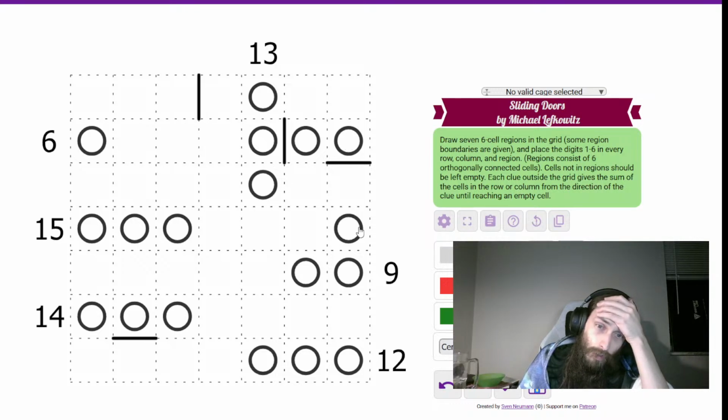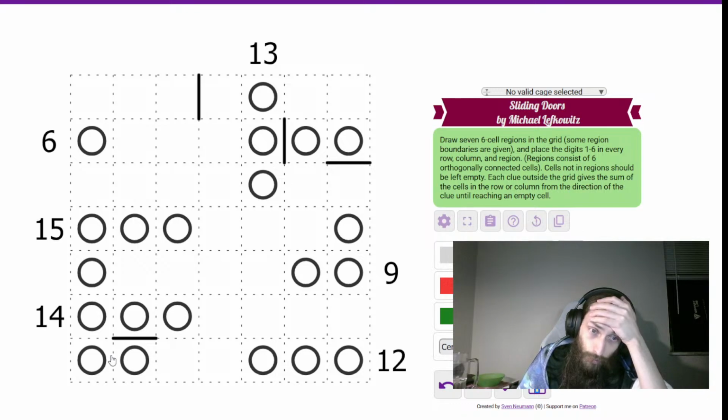And it's not 21, so that one's not empty, that one's not empty, and that's not empty. In fact, the opposite of 12 is 9 in this case. Right? Right.